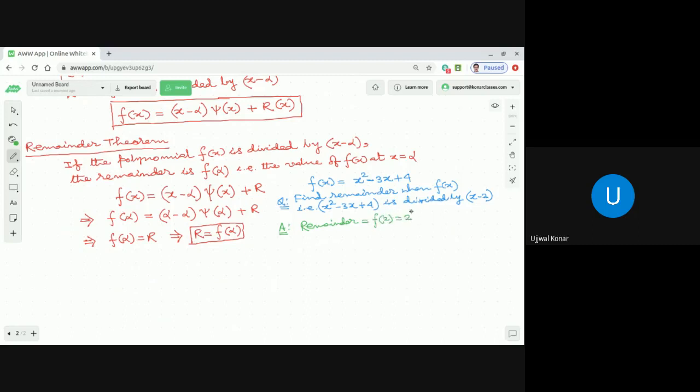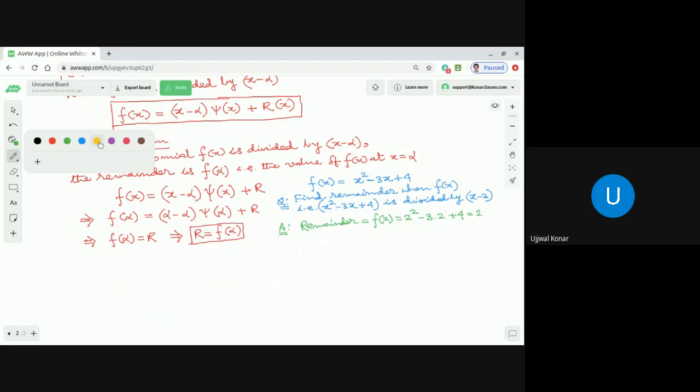That means 2 square minus 3 into 2 plus 4. Got it? So that is equal to 2. Correct or not? 2 square minus 3 into 2 plus 4 is equal to 2. That answer we give so quickly.